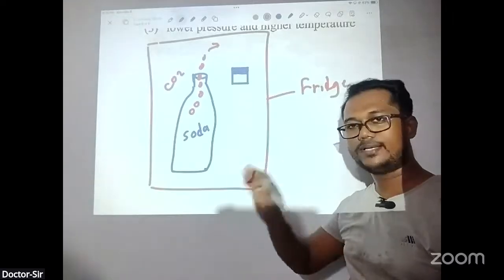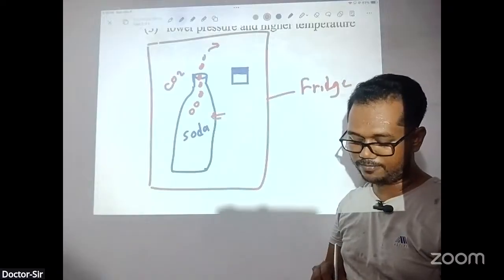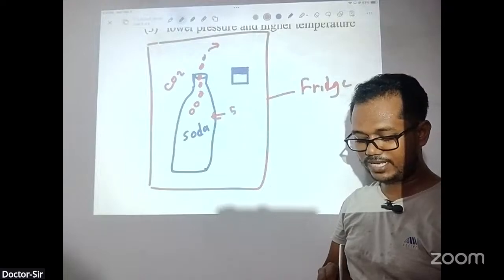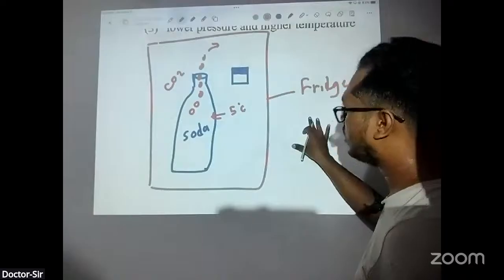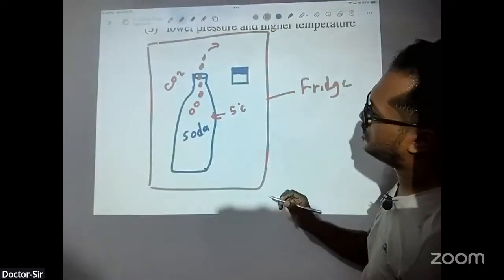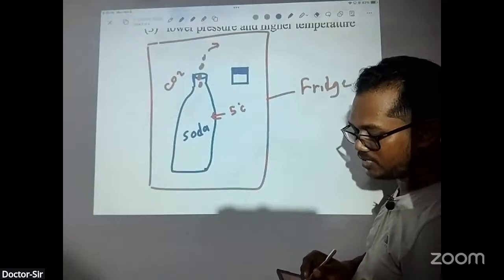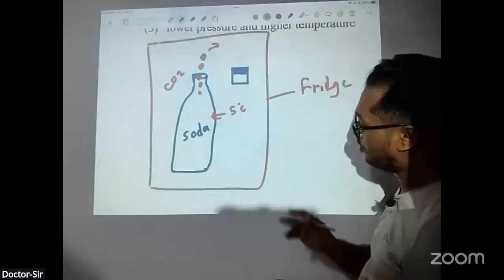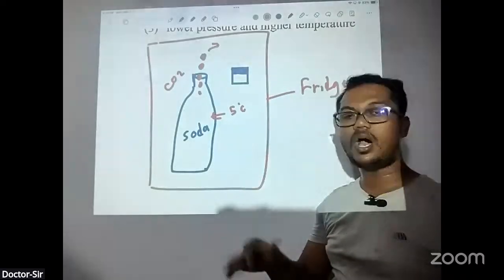Now you take it and immediately open. So think this soda bottle is around 5 Celsius. We take it out of the fridge and immediately open. Then I think a few bubbles go out, just a few bubbles. Few bubbles from the refrigerator bottle, more bubbles in the outside bottle.